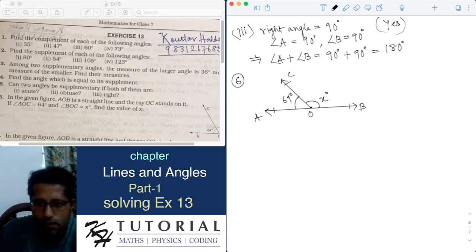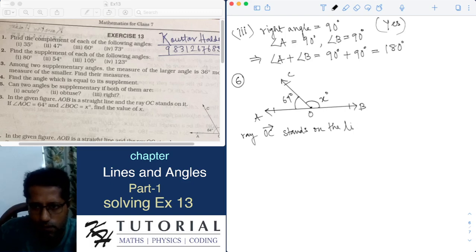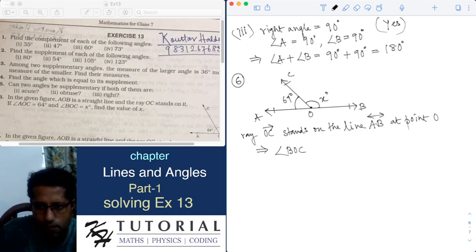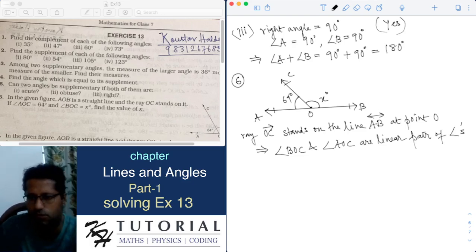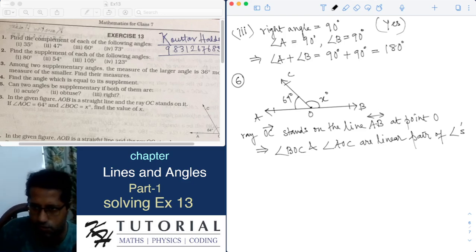So we know that since ray OC stands on the line AB at point O, this implies angle BOC and angle AOC are a linear pair of angles.